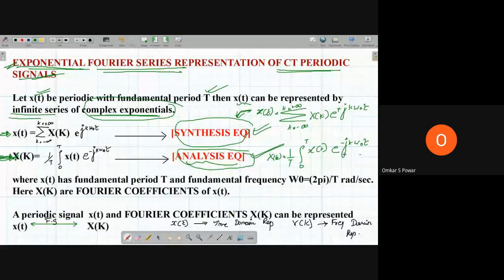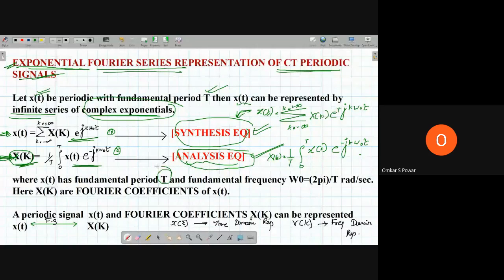What we are doing is finding the Fourier coefficients, so X of k is nothing but your Fourier coefficient. It is obtained as 1 by T integral 0 to T of x of t e power minus j k omega naught t. You have to remember these two equations while solving problems. Here x of t has a fundamental period T.